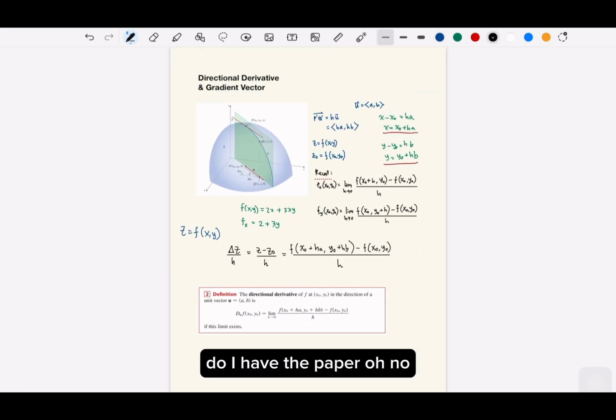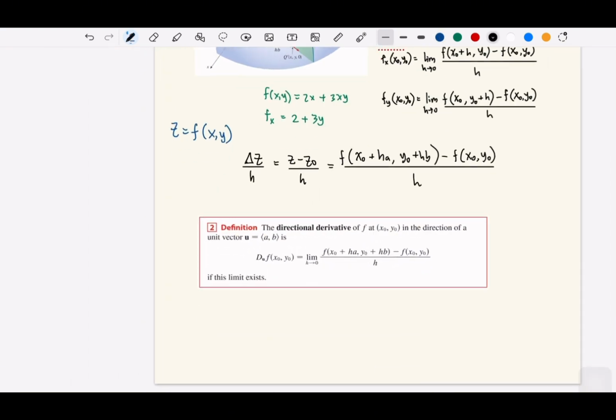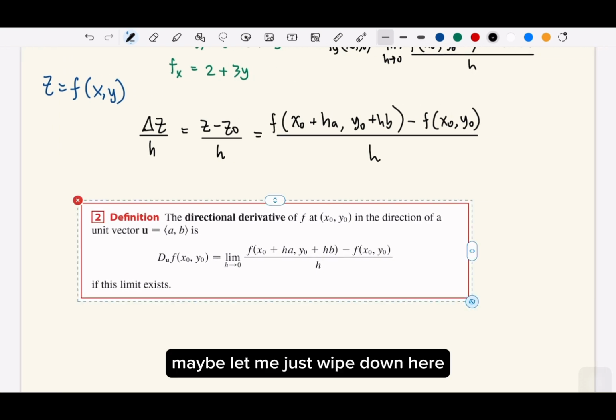Do I have the paper? Oh no. Okay, maybe let me just write down here.